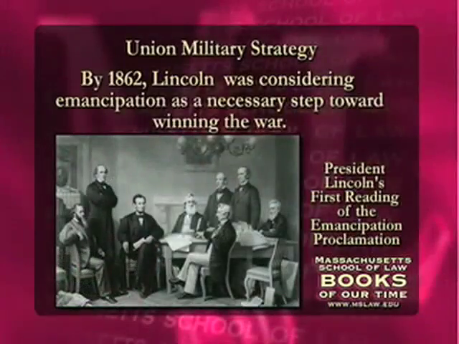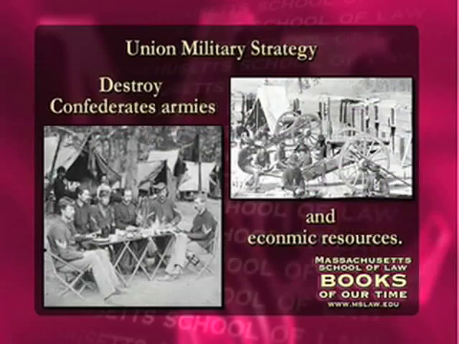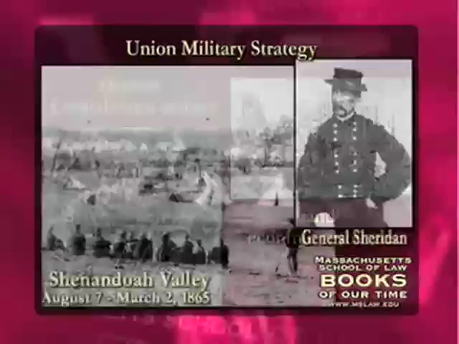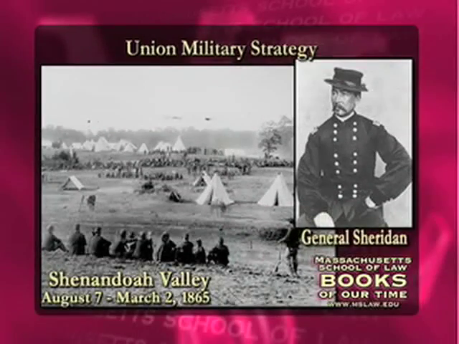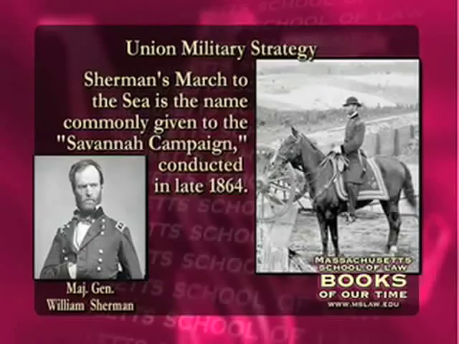So he moves toward what was called a hard war, or even total war, rather than conciliation, by the policy of emancipation, by the policy of trying to destroy Confederate armies, and by 1864, the policy of destroying all kinds of Confederate economic resources in campaigns like Sheridan's campaign in the Shenandoah Valley, Sherman's march through Georgia, and then through the Carolinas.